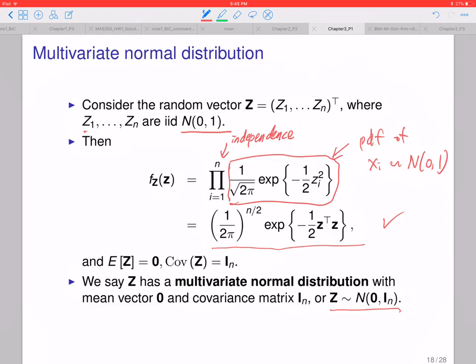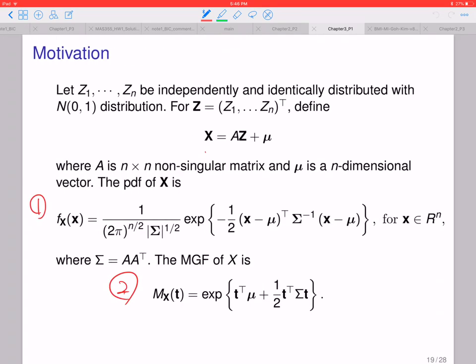And now we're going to use this one to derive a more general class, which is a linear transformation of this. You can notice that in this linear transformation, the expectation of X should be A times expectation of Z, plus mu, which is mu, and the variance covariance matrix should be A times variance of Z times A prime.